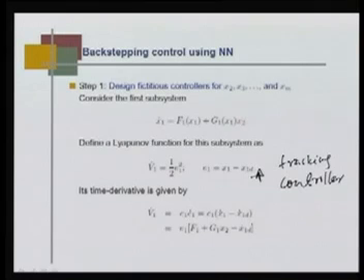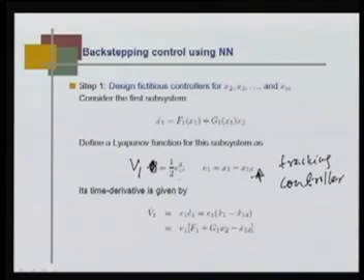The objective is to design a tracking controller so that my plant should follow the desired trajectory. So, its time derivative is given by, sorry, this is not V1 dot, this is simply V1.